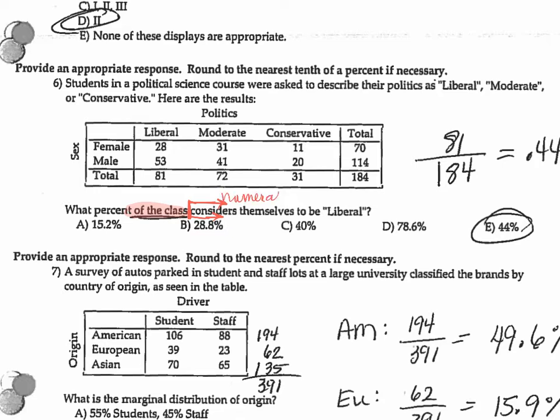So this over here is the denominator. The entire class is the denominator, and the numerator will be liberals. Consider themselves to be liberals. So it's just all the liberals.